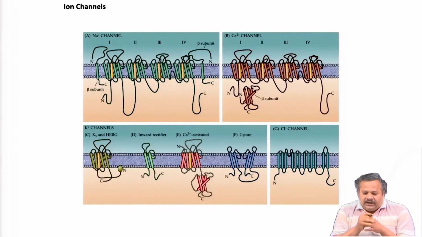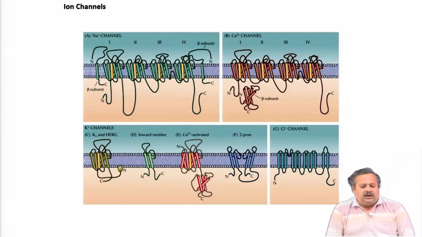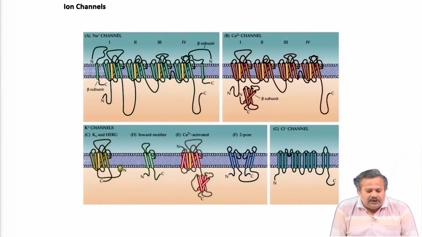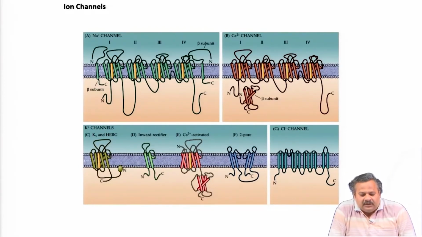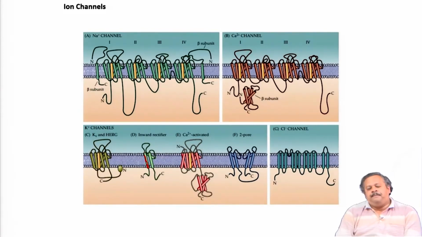As we said, they are proteins, transmembrane proteins with a number of subunits present. As you can see in the examples shown here, a sodium channel, a voltage gated calcium channel with a beta subunit, a number of potassium channels, and a chloride channel structure are shown, where these barrel like structures are essentially the transmembrane parts of the protein.